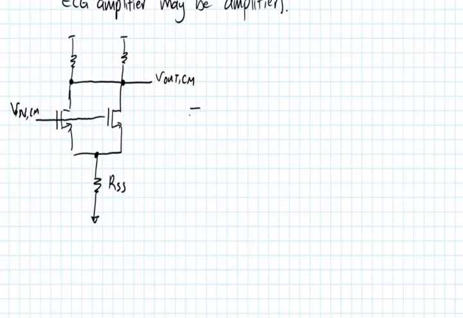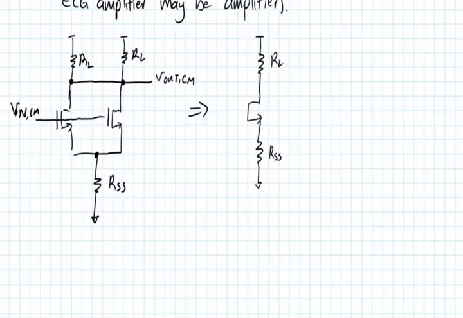Okay, so this is a symmetric circuit. This is RL, this is RL. We can replace that with a single circuit that looks something like this. This is RSS, RL over 2 because they're in parallel. This is V out CM, and this is V in CM.